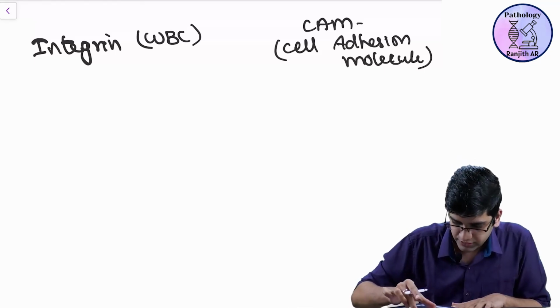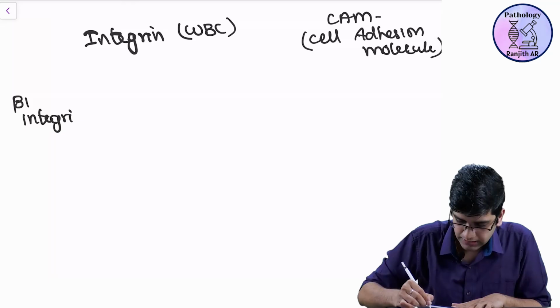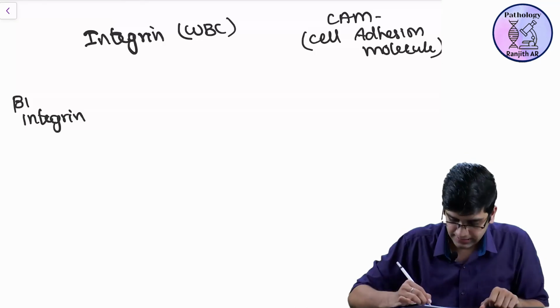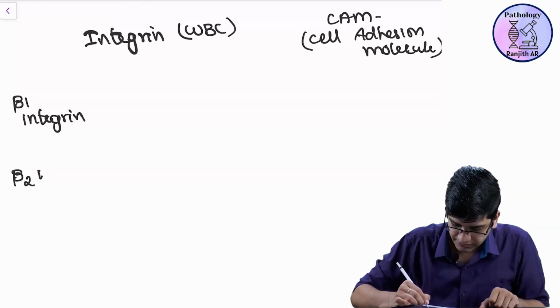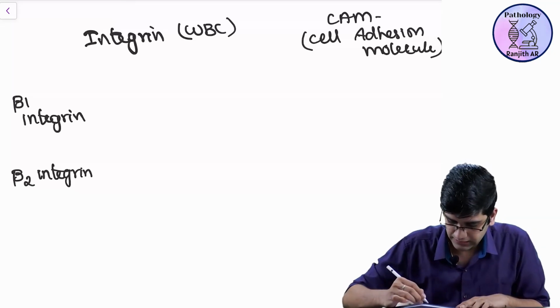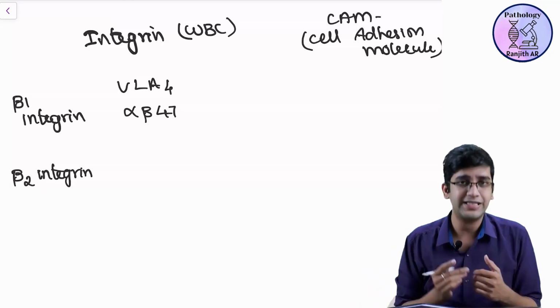We have two groups of integrins. Beta 1 integrin. I wanted to know this because, based on beta 1 and beta 2 only, I have a few diseases. And I have beta 2 integrin. Fine, I have two of them. So beta 1 integrin is my VLA4 and alpha 4 beta 7.